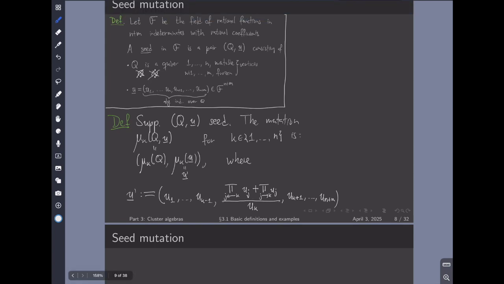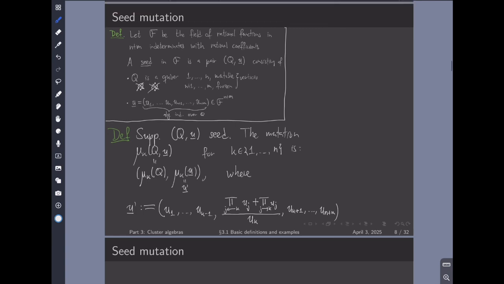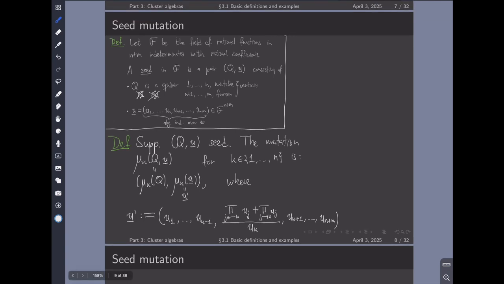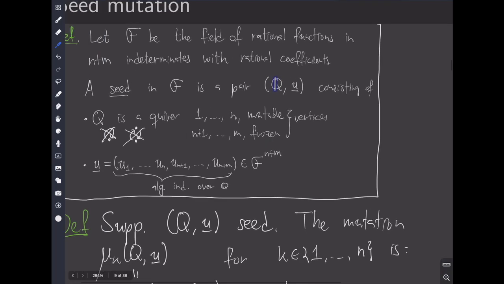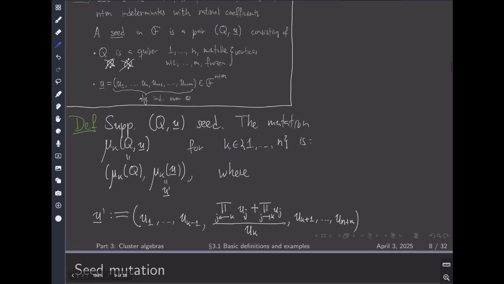Here, for the rest of the lecture, it is not going to be relevant, but I should have told you what a seed is, and I should have put a tilde with skew-symmetrizable.